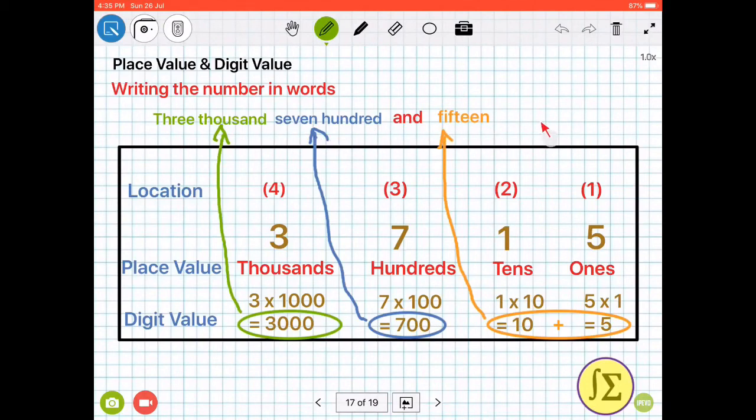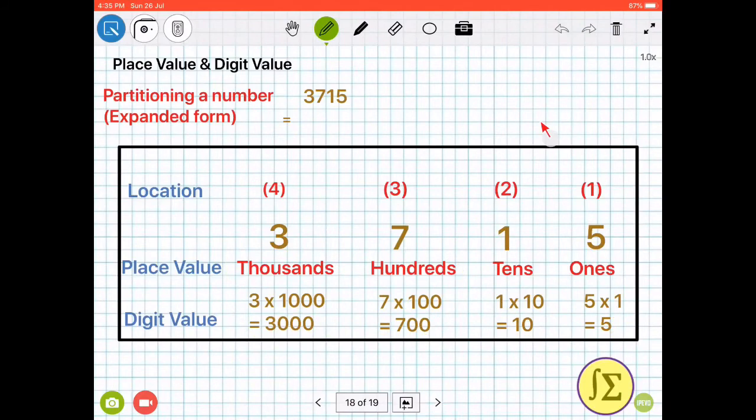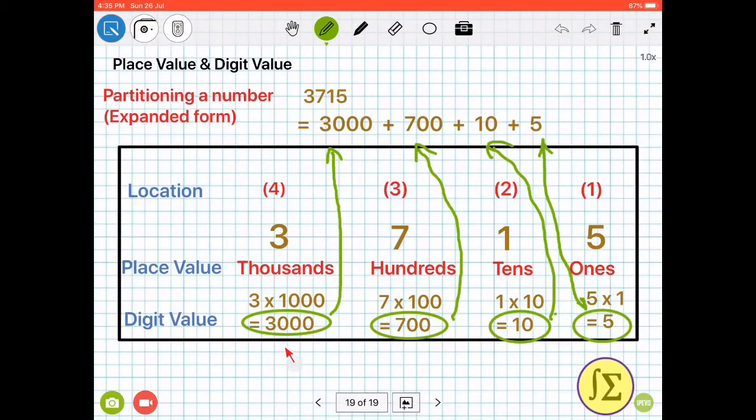3715. We can also use digit value to partition a number or expand a number. So the same number 3715, if you were to partition it or expand it, you can use the digit values. So 3000 goes as the first partition, 700 the second partition, 10 the third partition, and 5 the last partition.